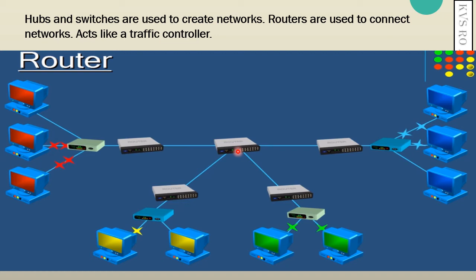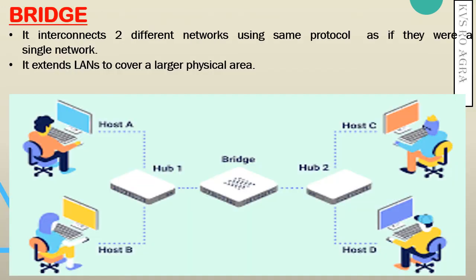Now all the 4 networks can communicate to each other according to their IP addresses. This router will also do filtration and traffic control. It will pass the red signal to this network, yellow signal to this network, green signal to this network and blue signal to this network. A router also decides the routes for the data packets to travel, the best route.